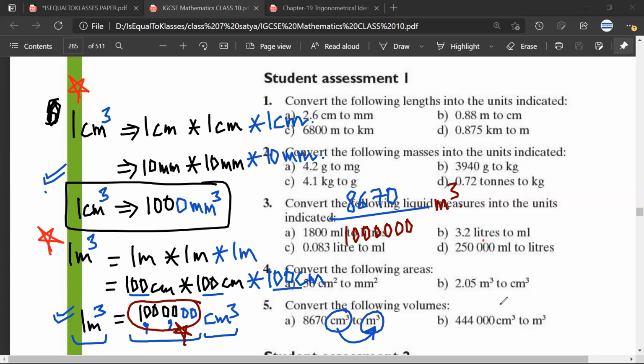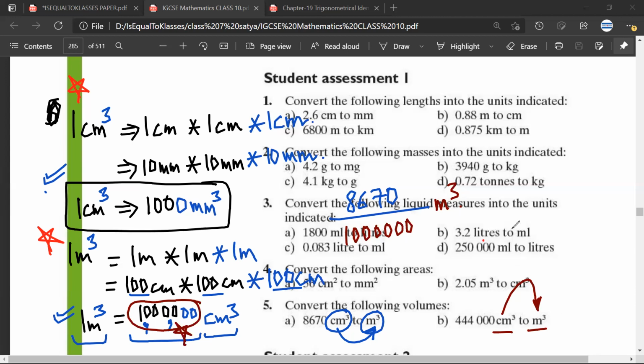Especially in physics, this will become very critical. Centimeter cube to meter cube. Mr. Sarthak, bigger number or smaller number? What, sir? Can you say that again? Your voice cracked. Mr. Satya, centimeter cube to meter cube. Bigger number or smaller number? Smaller number. Multiply or divide? Divide.